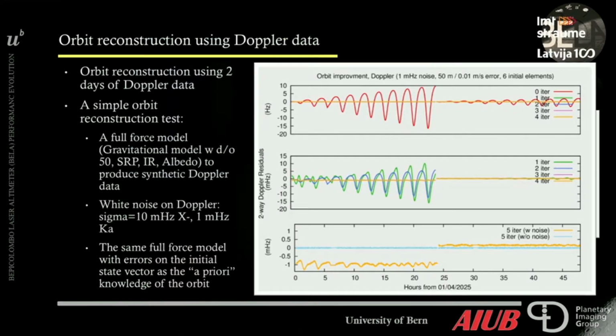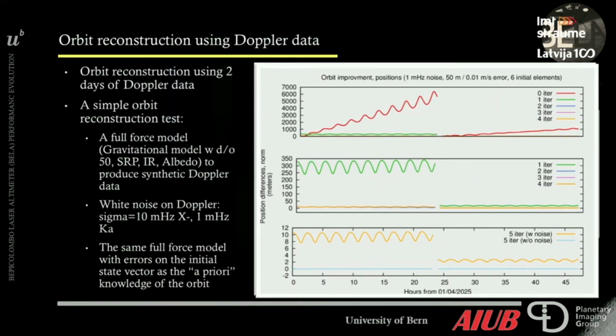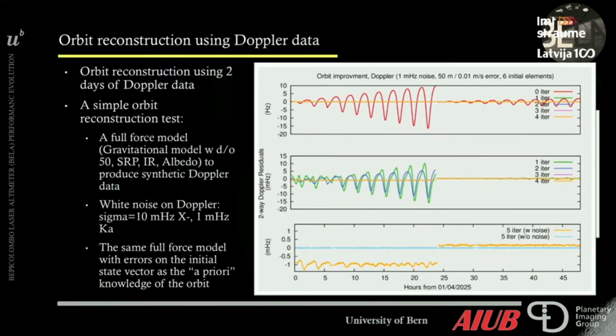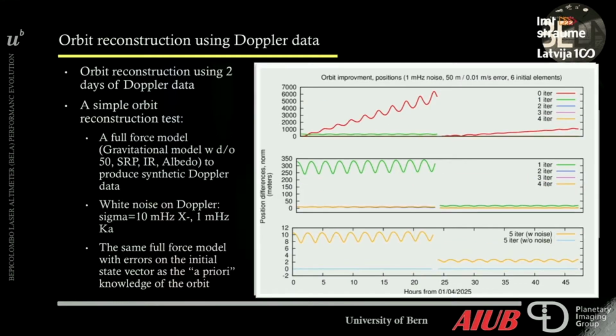This plot is zoomed in on this part, so you can see different iterations, and we are using daily arcs, so this is the first arc, and this is the second arc. This was on Doppler data, and this is on position.